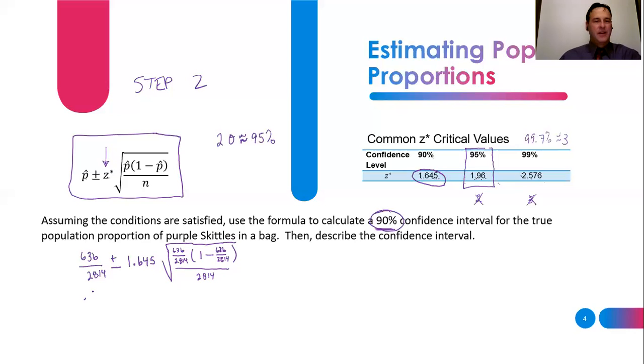To make this a little easier, I'm going to say this is 0.226 plus or minus 1.645 times this, which I'm just going to say is an ugly monster to put in your calculator.